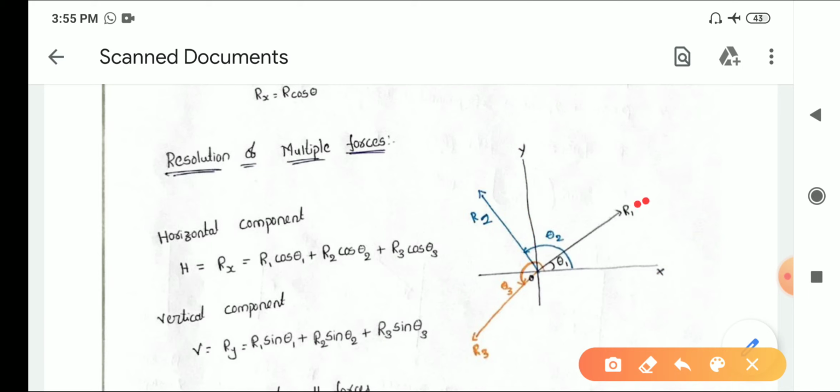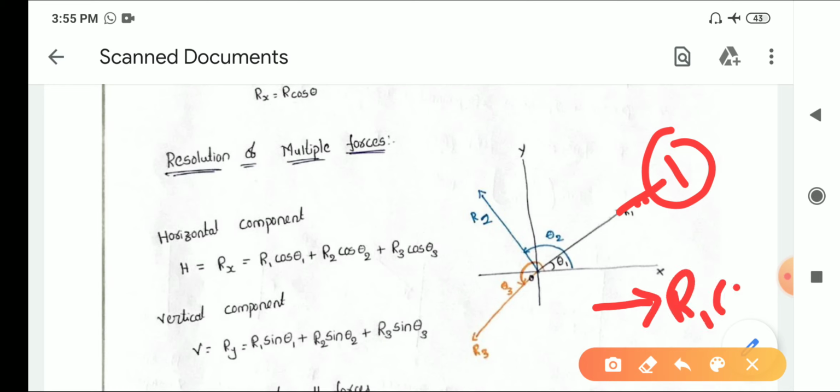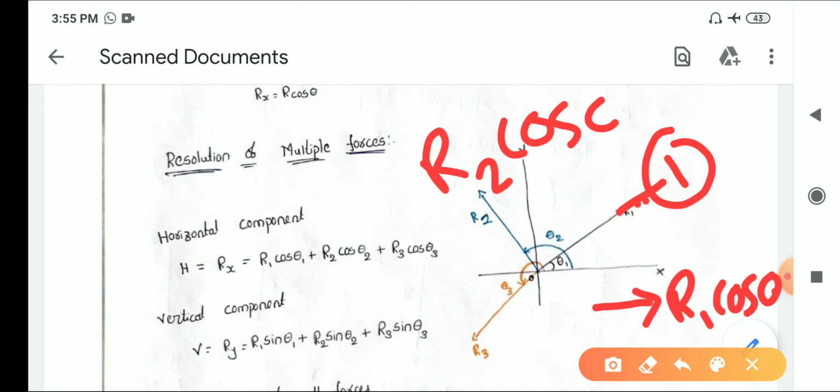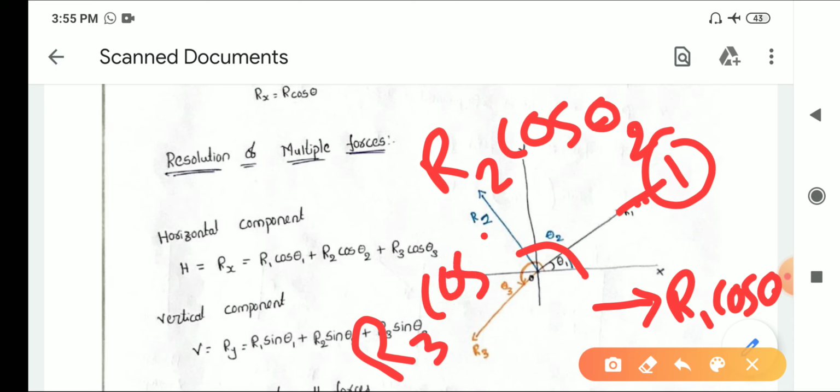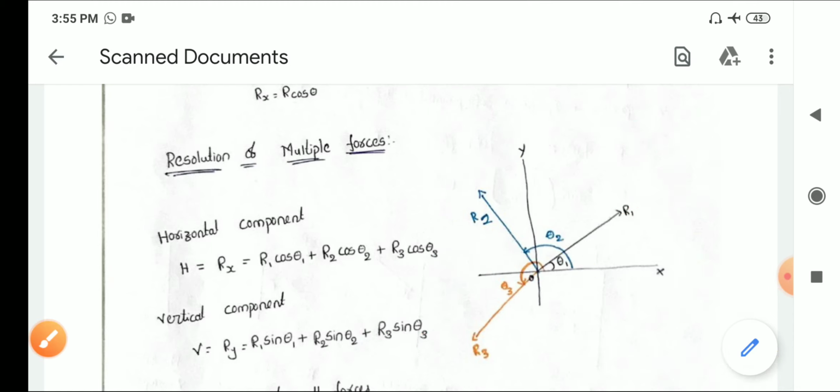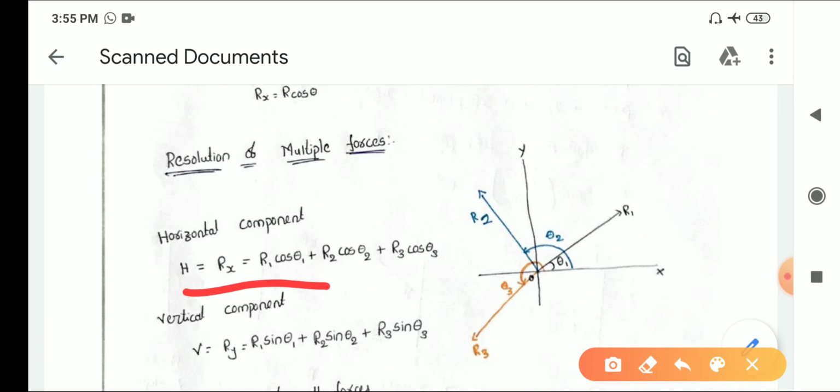For R1, the x component will be R1 cos theta 1. For R2, the x component will be R2 cos theta 2, as the angle made by R2 with the x-axis is theta 2. For R3, it is R3 cos theta 3, because the angle here is theta 3 with the x-axis only. Now, if you do the summation of all the three components, it gives the component of the resultant force R.